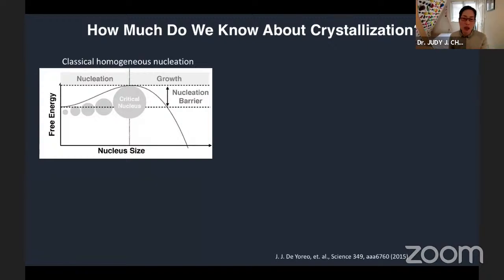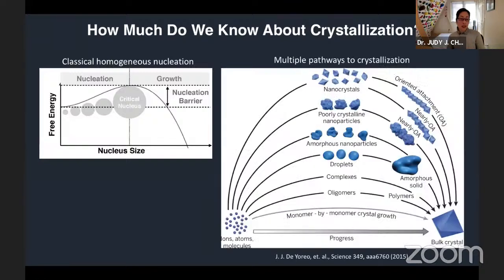But in reality, nucleation and crystallization is much more complex than just classical homogeneous nucleation. There are many different pathways that materials can take from ions or atoms to the final crystalline state. It could be multiple droplets that are either polycrystalline or amorphous. Even among the amorphous phases, the density could be different. You could first form nanocrystals, and then they attach to each other in an oriented fashion.